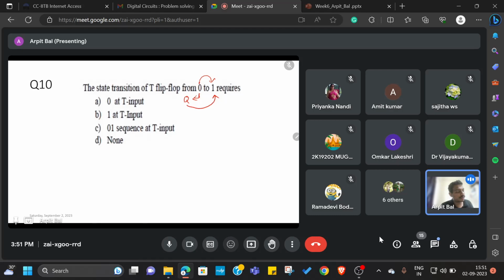So what you need to do is toggle it. Okay, so option B is correct. I hope this part is clear.